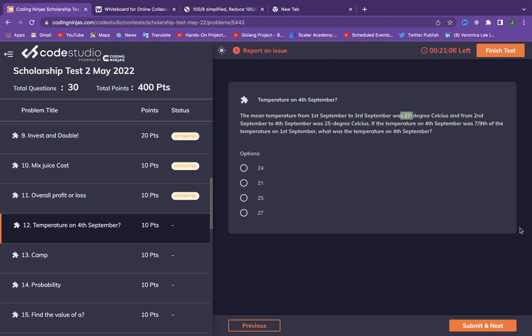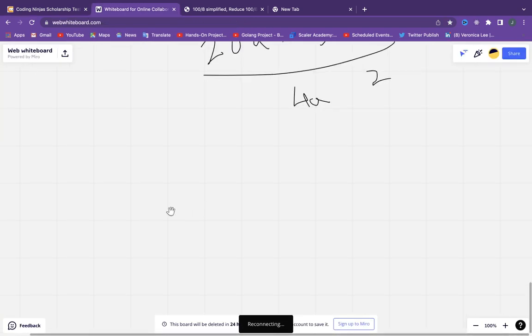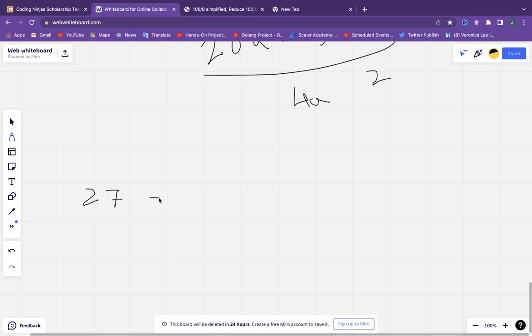So 2x divided by 9 and 2x divided by 27. So minus 2x divided by 27. So what this means is 27 minus 2x divided by 27 minus 2x divided by 9 into 3, that is 27, was equal to 25. So that means that is equal to minus 2, and so x is equal to 27.